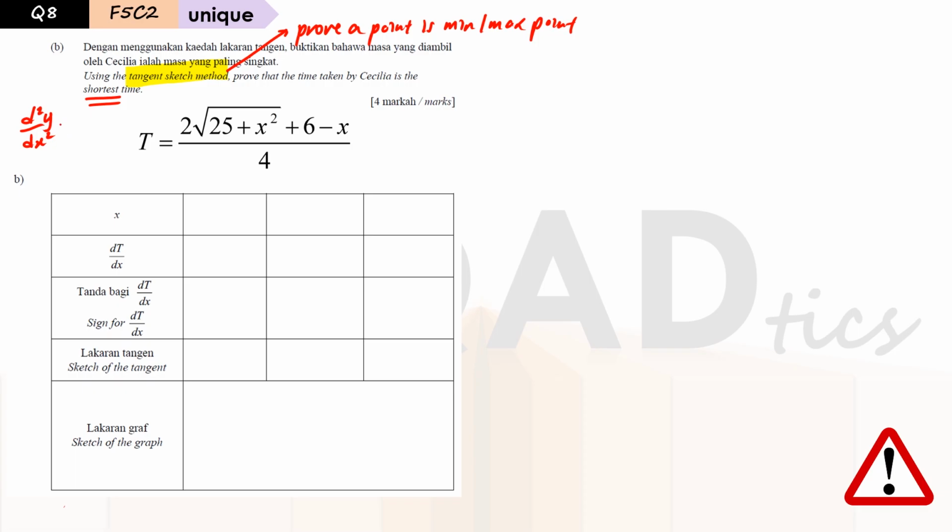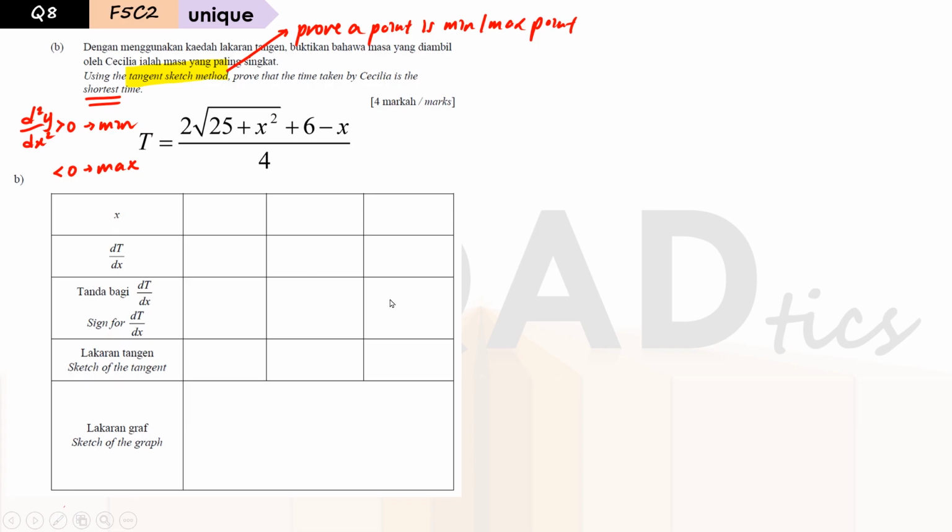So last time we have learned that if it's greater than 0, then we have a minimum point. If it is lesser than 0, then it is a maximum point. So tangent sketching method is just another way to prove whether the point is minimum or maximum. But tangent sketching method requires this table. Right?